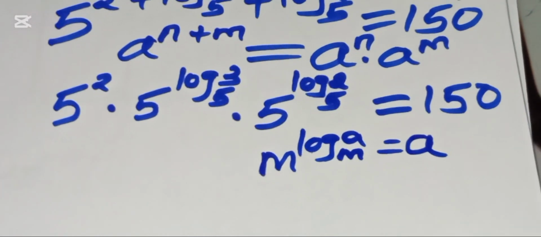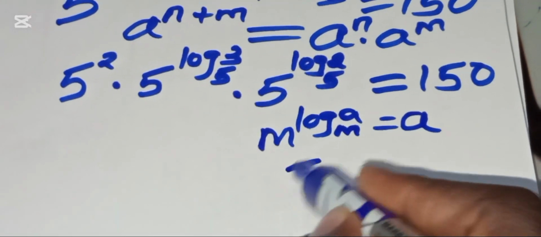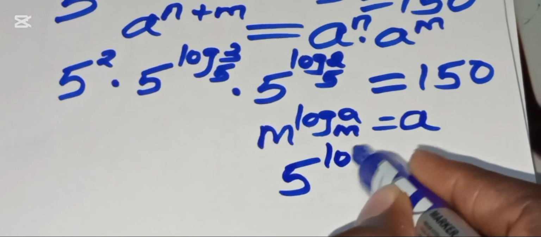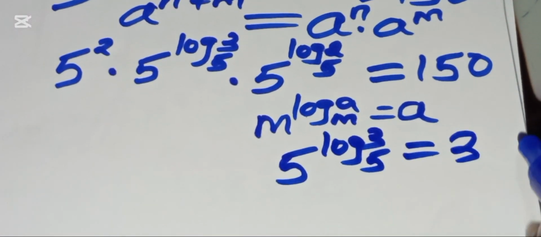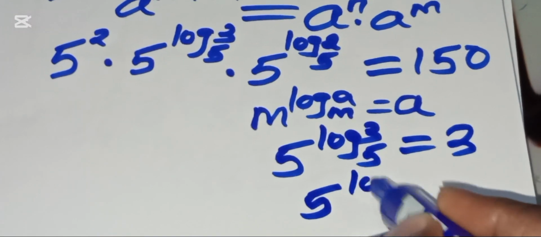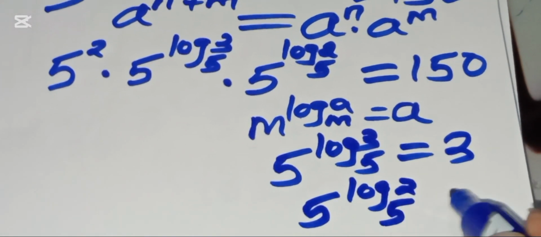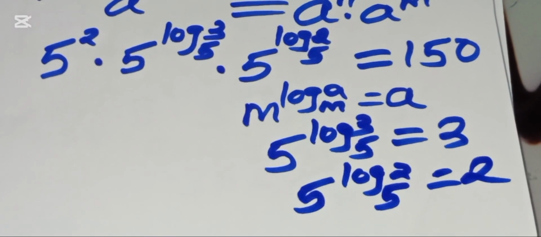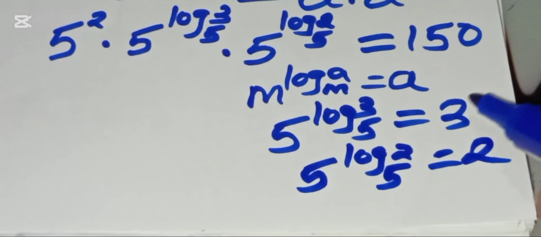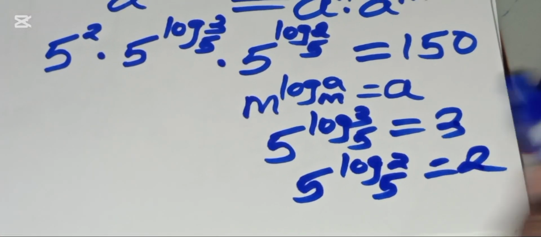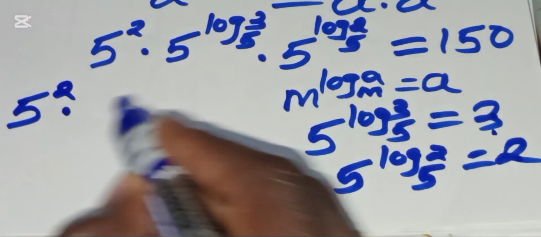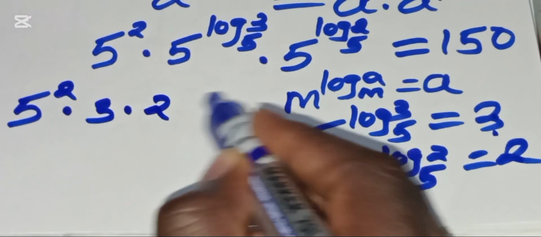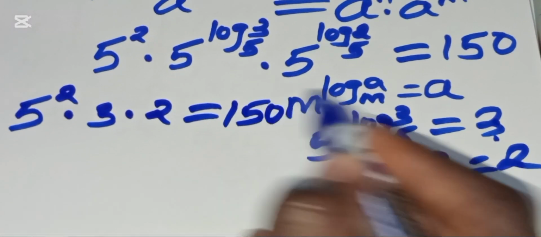So 5 raised to power log 3 to base 5 is equal to 3, and 5 raised to power log 2 to base 5 gives us a value of 2. Let's substitute the values of 3 and 2 back into the equation. Now we have 5 raised to power 2 multiplied by 3 multiplied by 2, which is supposed to give us 150.